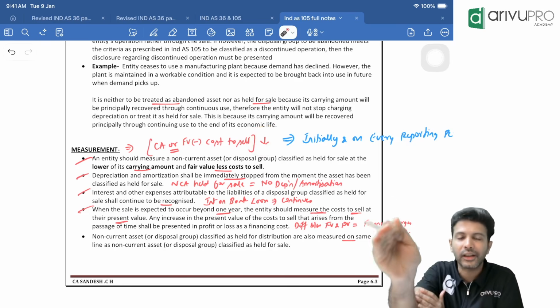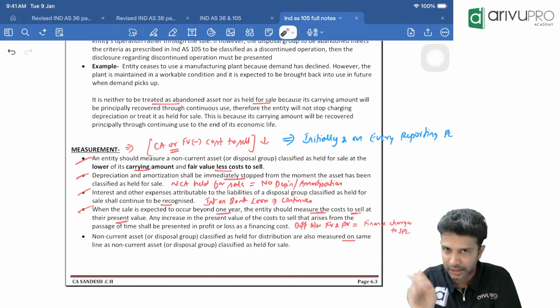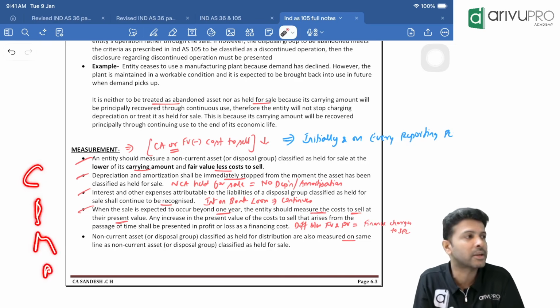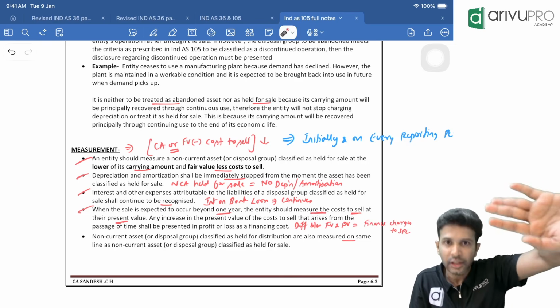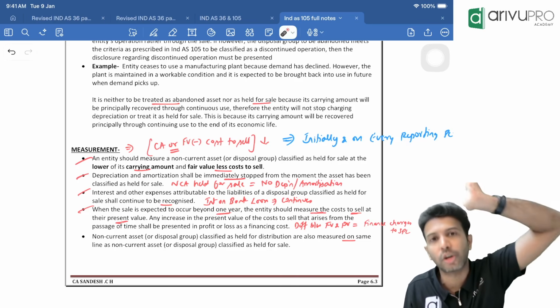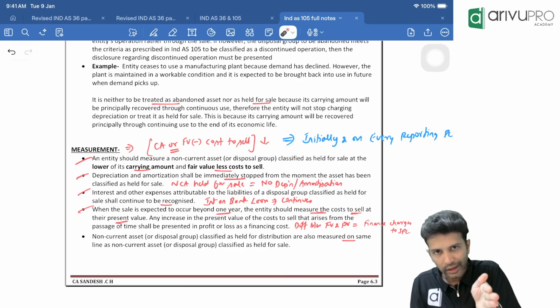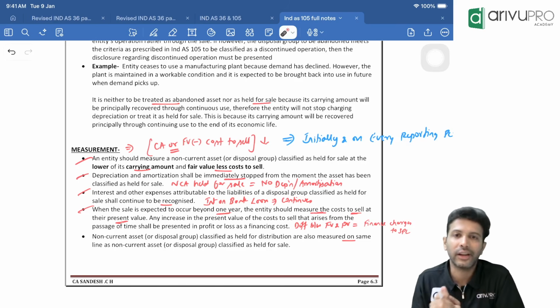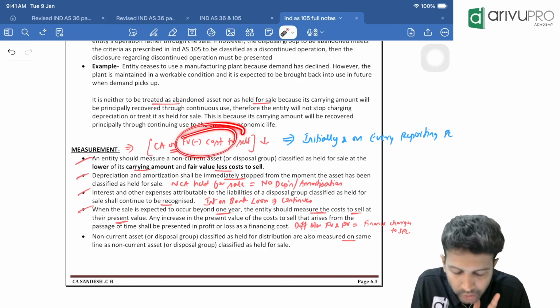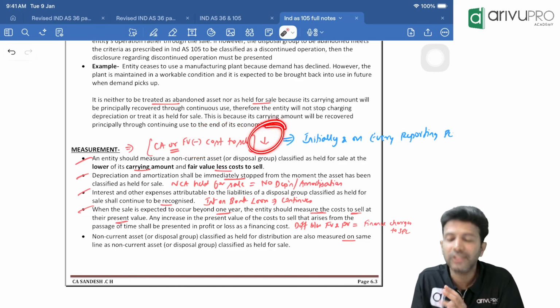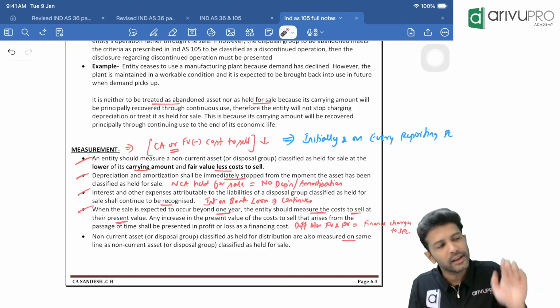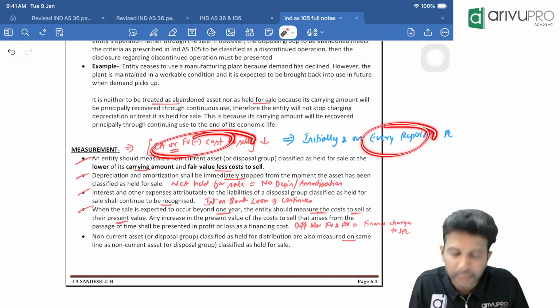If today a non-current asset is classified as held for sale, meaning the CP, MBA, SW criteria are satisfied today, then that non-current asset will be valued at carrying amount or today's fair value less cost to sell, whichever is lower. And the same valuation holds good for every reporting period also.